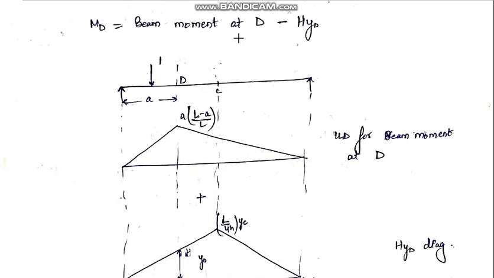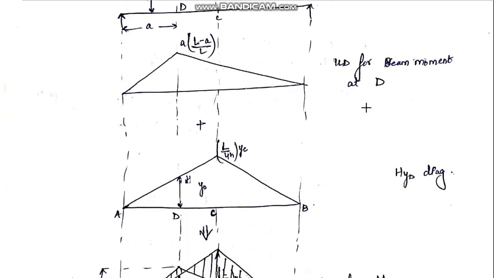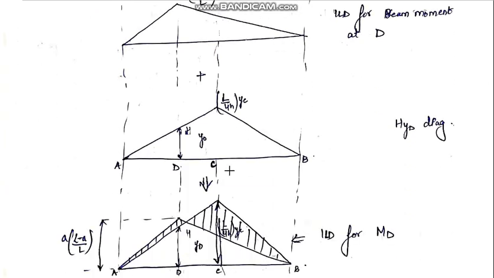Now if I superimpose these two terms, this diagram will be in positive and this diagram will be in negative. So now we just have to superimpose these two diagrams to get the total influence line diagram for the bending moment at D section in the 3-hinged arch. So now just superimpose these two triangles. After superimposing, the diagram will be something like this.